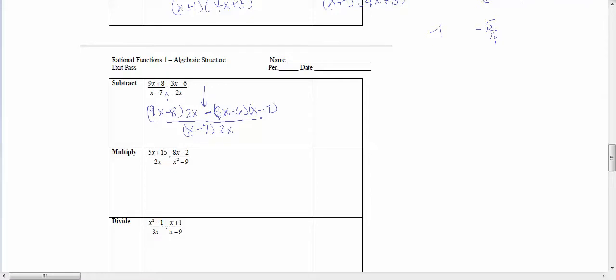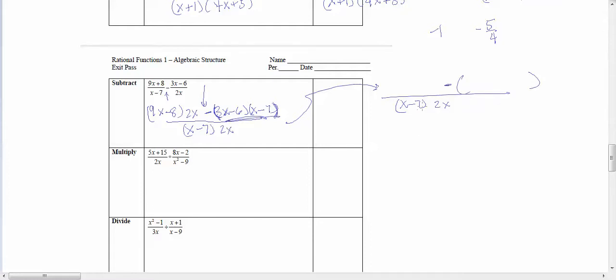I'm going to keep this second thing in big parentheses until I distribute that negative in there so I don't forget. In fact, why don't I do this? I'm going to have the x minus 7, I'm going to have the 2x, and I'm going to deal with that second thing right there.